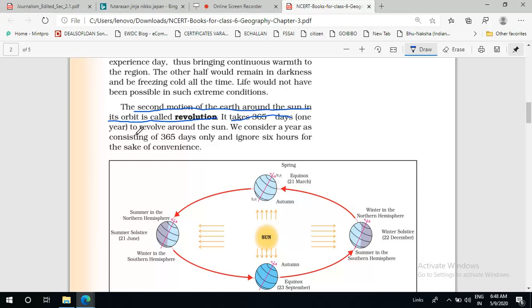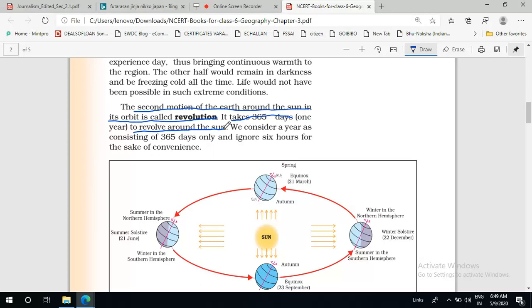Okay, so you must have memorized in your previous classes that there are 365 days in a year. Why are there 365 days in a year? Because the earth takes 365 days to complete one revolution around the sun.